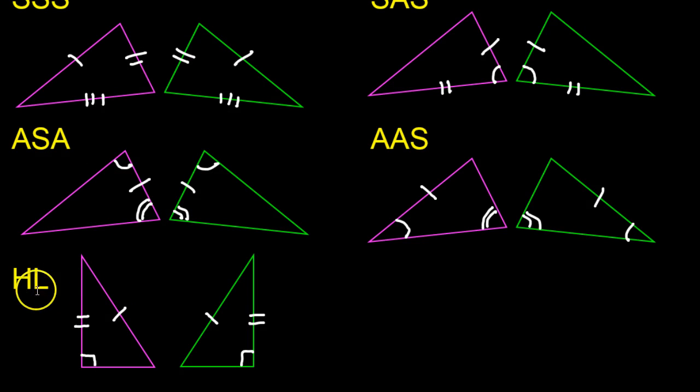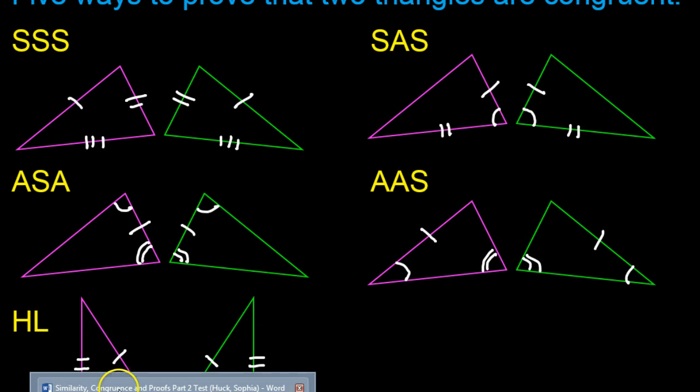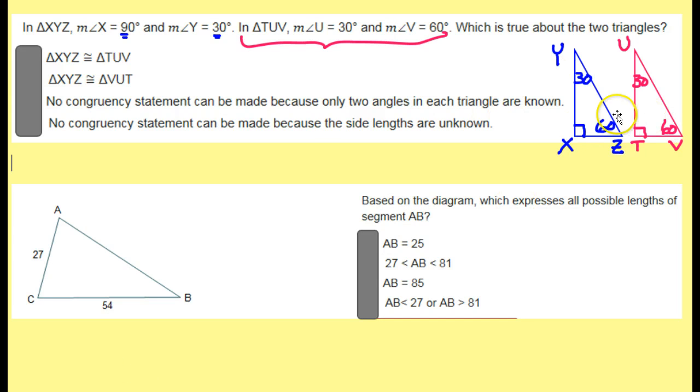But guess what? Both of these are sides. You still need to know congruent sides, 2 of them. You need congruent hypotenuse and congruent leg. Those are all sides. So there is no angle, angle, angle theorem here. And that's what it would take.